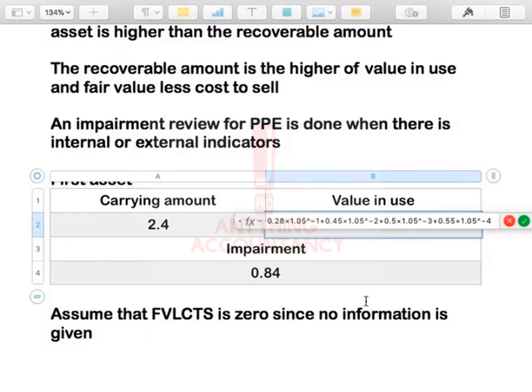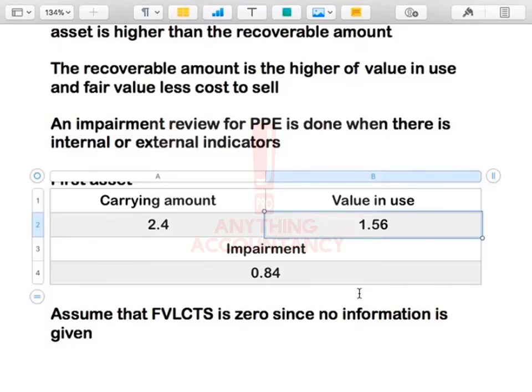You have to discount everything correctly. 1.56. All okay? 1.56. Yes? No? Can I move on? All okay? Got it? Okay.